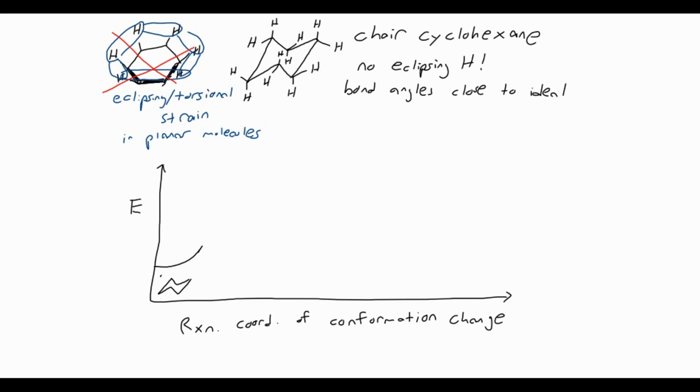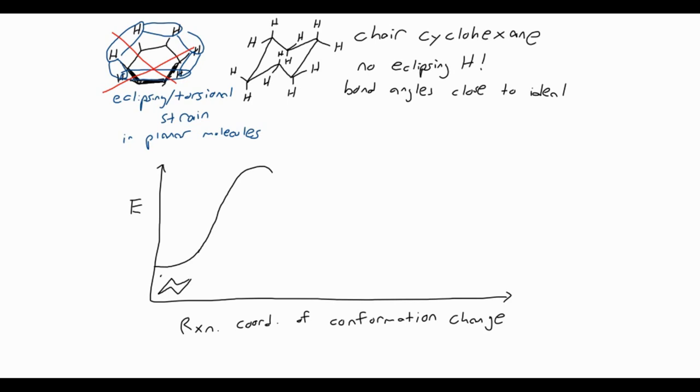And then if we twist one of the edges up, we're going to end at a maximum here, maximum energy, so very unstable. This is going to be called the half chair, so let me see if I can draw it here.